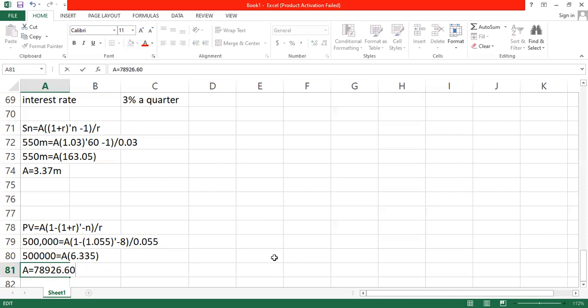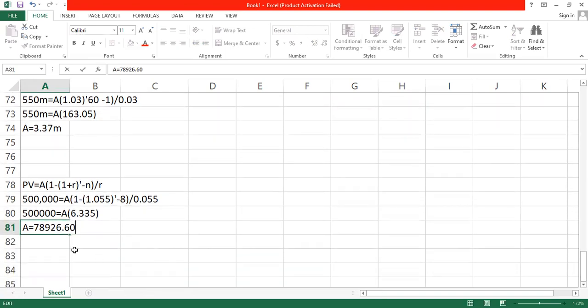Because of the approximation, someone can also do it straightforwardly and get a different answer. I did it straightforward and got 78,932. But there's no problem with that. We assume the difference is due to the approximation.